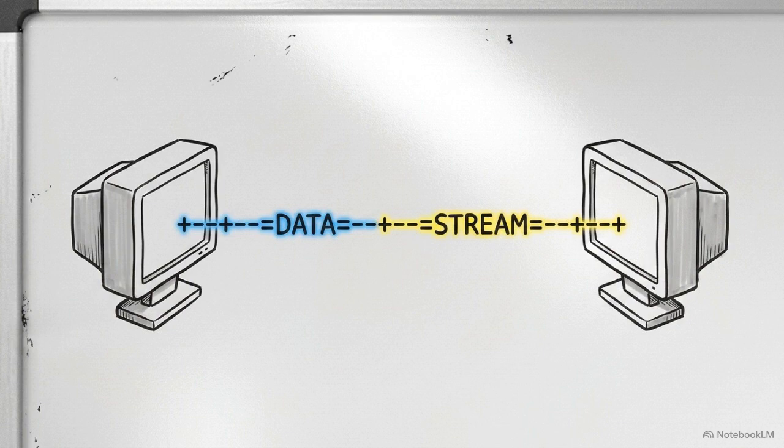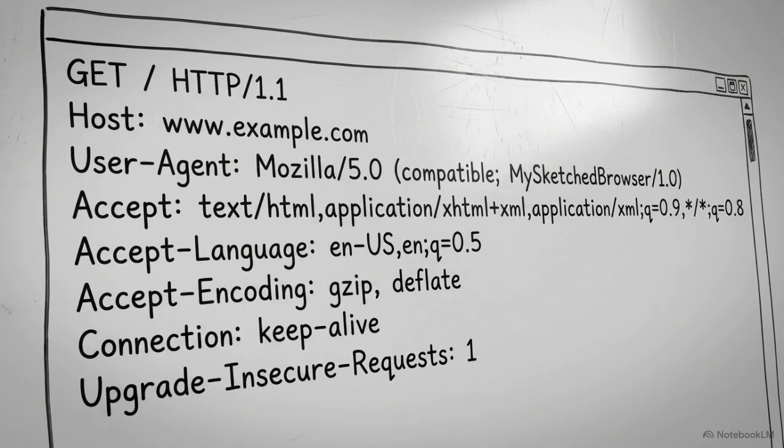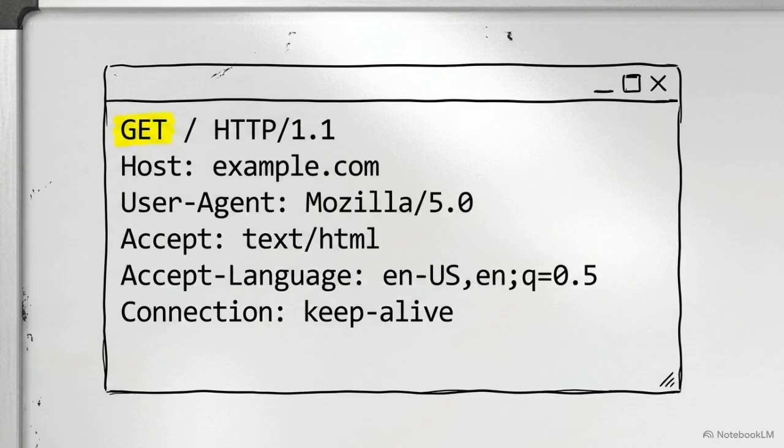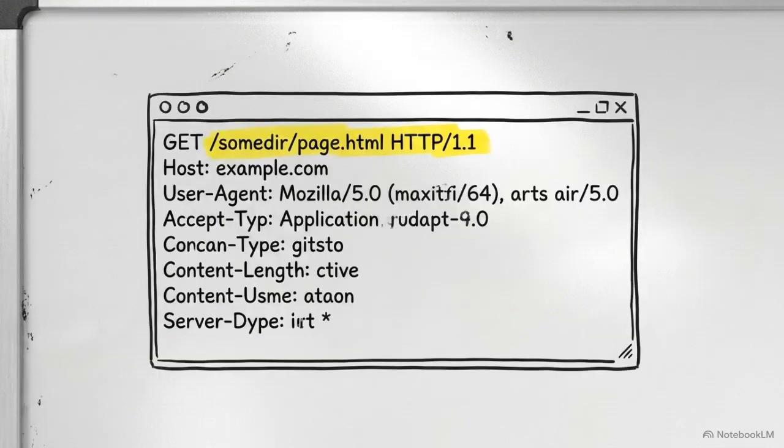Over these TCP connections, clients and servers coordinate by exchanging plain text ASCII messages. What you see here is a standard HTTP GET request, exactly as it is transmitted. The message begins with the request line, which explicitly specifies the method being used, in this case GET, along with the specific URL path of the object and the HTTP version running on the client.